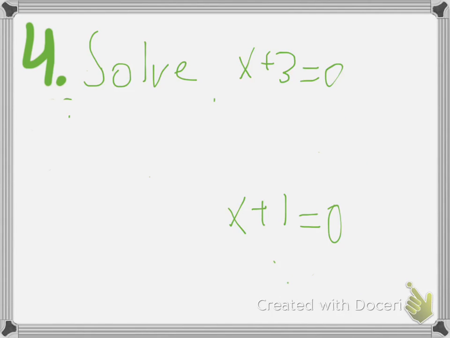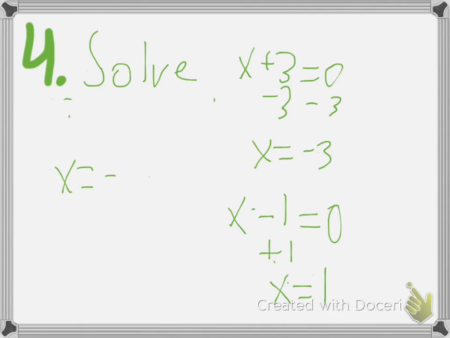You minus 3 from both sides, which means you get x equals negative 3 for your first solution, and then you add 1 to both sides, which means you get x equals 1 for your other solution, which means your two solutions are x equals negative 3 and x equals 1. This is the first method you can use for solving quadratic equations.